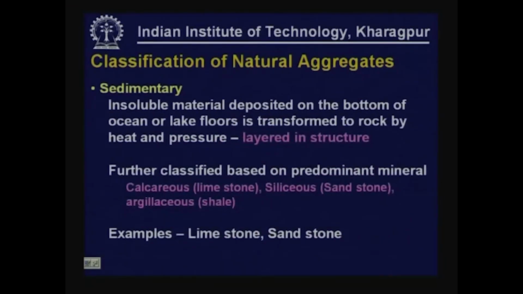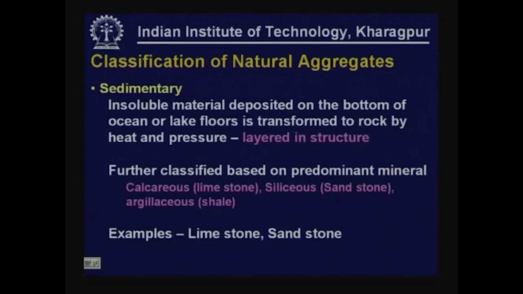Coming to sedimentary rocks, these are insoluble material which have been deposited on the bottom of ocean or lake floors and which are transformed to rock by heat and pressure. So, these are transformed rocks and these are usually laid in structure.